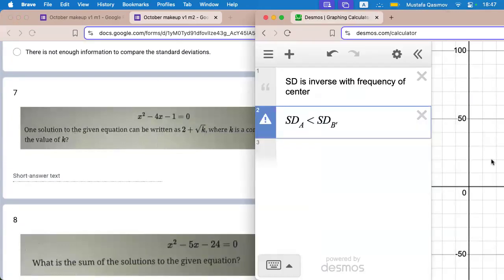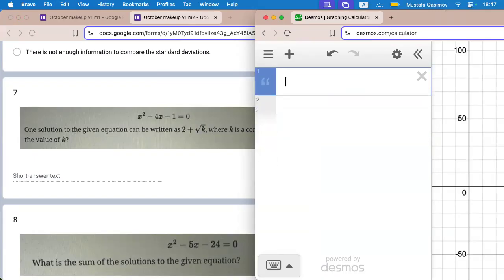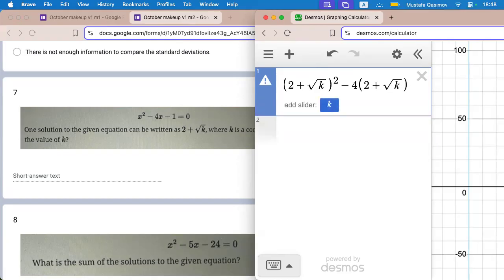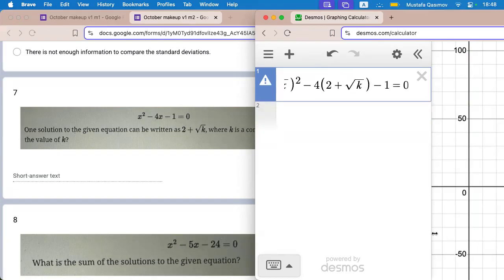7. For 7, we have a lot of methods to solve this question, but I think the easiest method is writing 2 plus square root of k instead of x, because it is a solution. When it is a solution, it has to be equal to 0. 2 plus square root of k, squared, minus 4 multiplied by 2 plus square root of k, minus 1 is equal to 0.